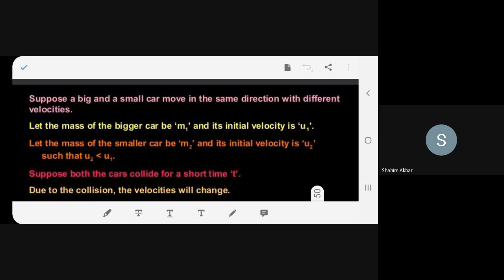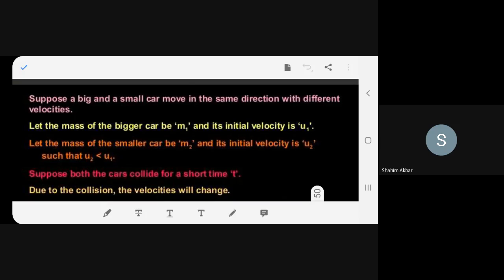Now, the bigger car mass is m1, initial velocity is u1, and the smaller car mass is m2, and initial velocity is u2. But we know that the bigger car has more velocity than the smaller car. So the velocity of the small car is less than the bigger car, that is u2 is less than u1.